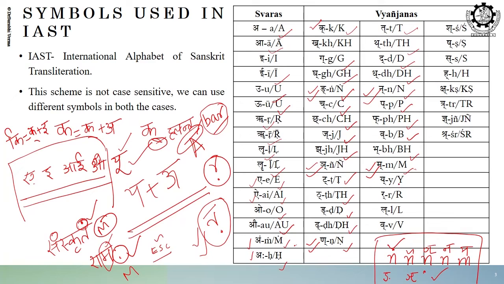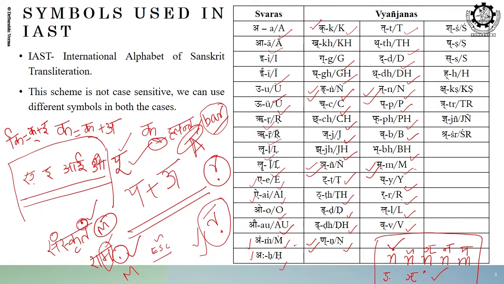Then after these five groups, we have the rest of the sounds in the list of the Vyanjanas in our Varnamala, that is ya, ra, la, va. Yakara, rakara, lakara and vakara. Ya is denoted by y, ra by r, la by l and va by v.